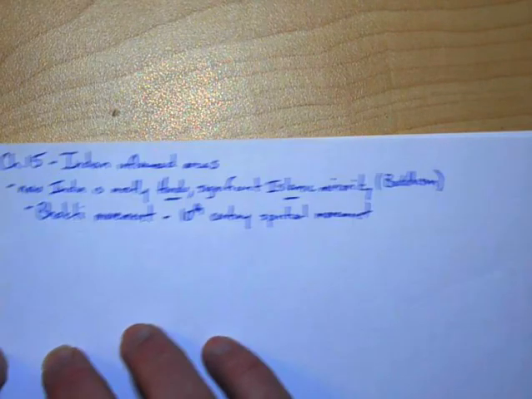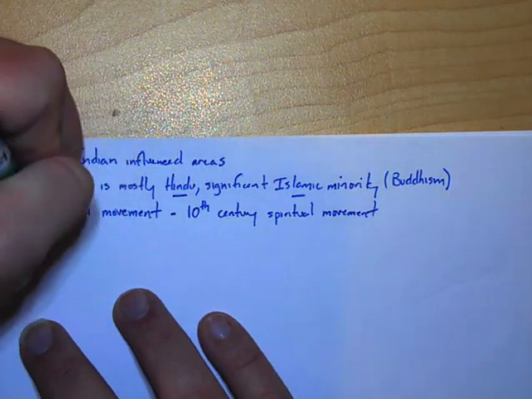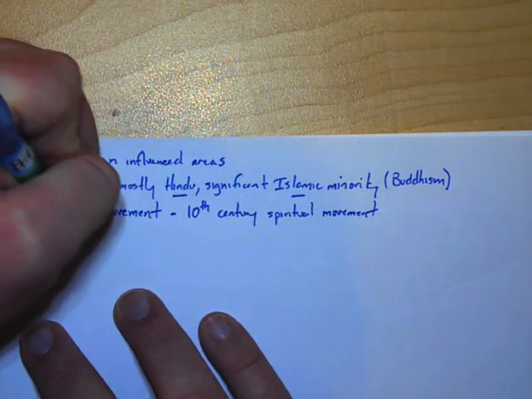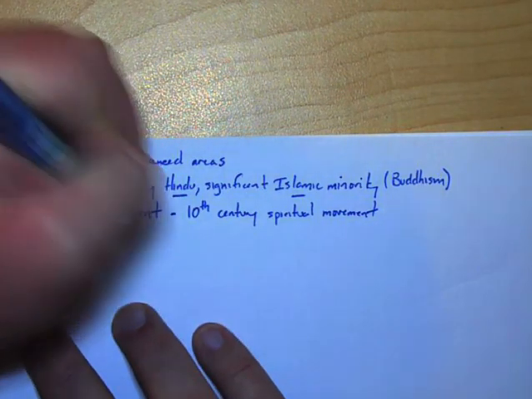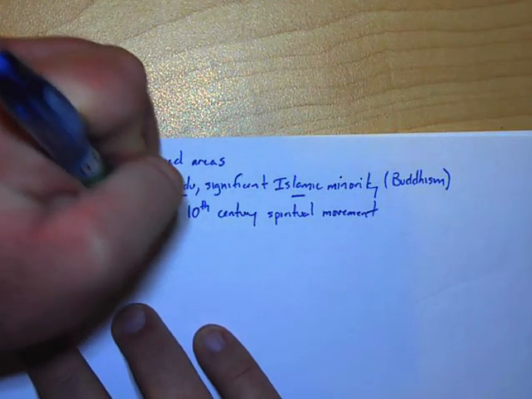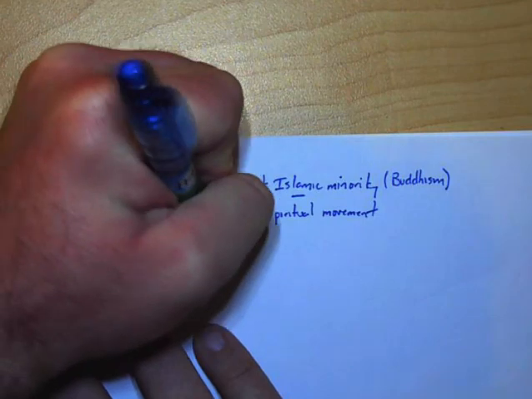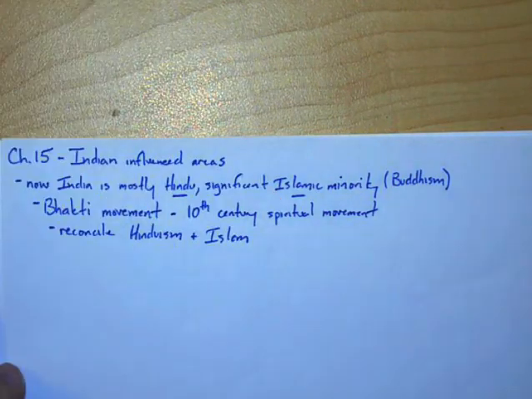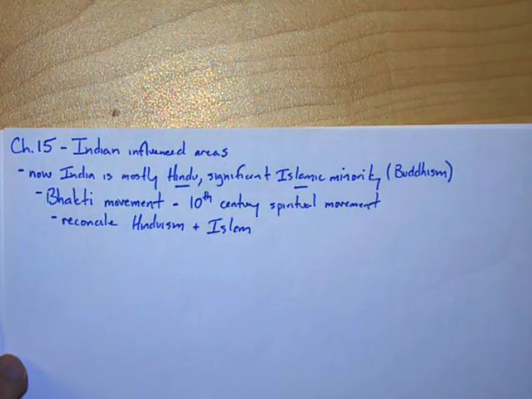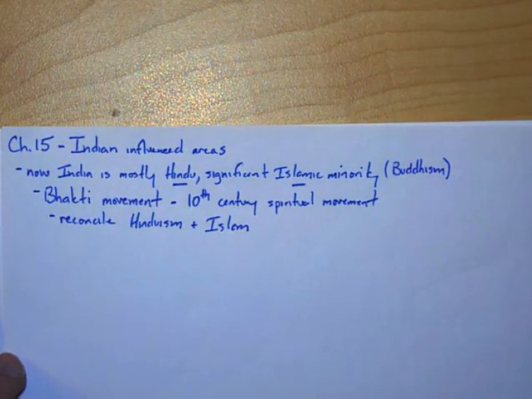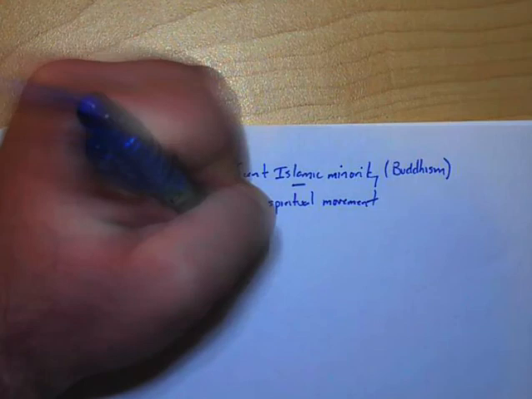And what the Bhakti tried to do was to reconcile or put together Hinduism and Islam to try to smooth out the differences. We want to try to show that there aren't a whole lot of differences between these two religions.